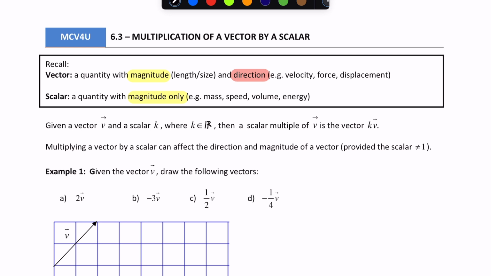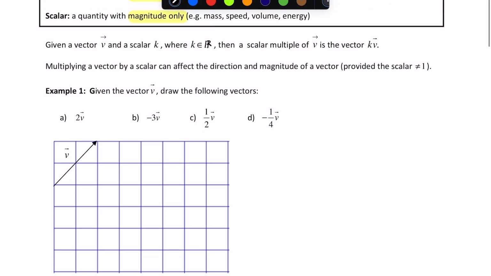If we look at this first example, it says given the vector v, draw the following vectors. For part a, it's 2 times vector v, or 2v. If we're drawing 2 vector v, we're going to draw that pretty much twice.